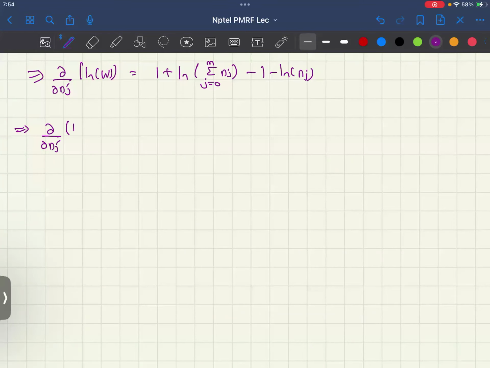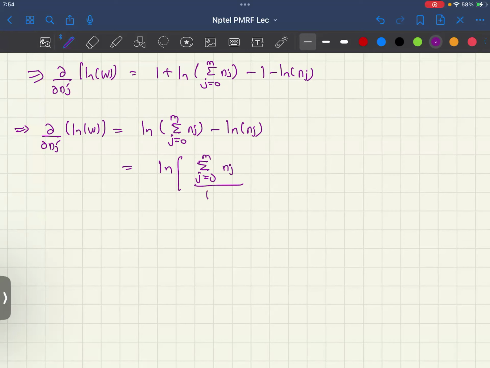This means ∂/∂nj of ln W is equal to ln of summation j equals 0 to l of nj minus ln of nj, which is nothing but ln of summation j equals 0 to l of nj divided by nj.